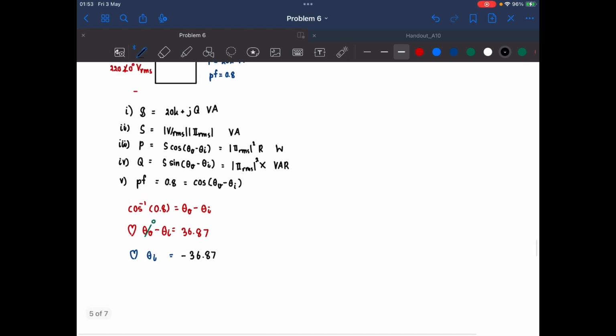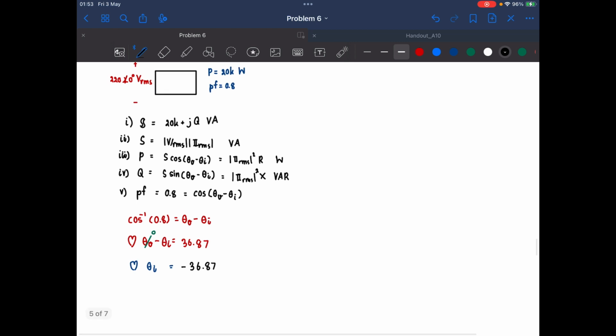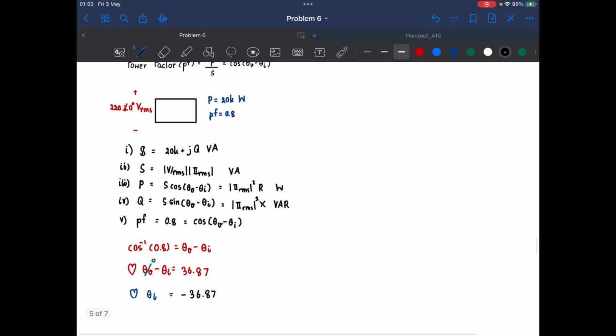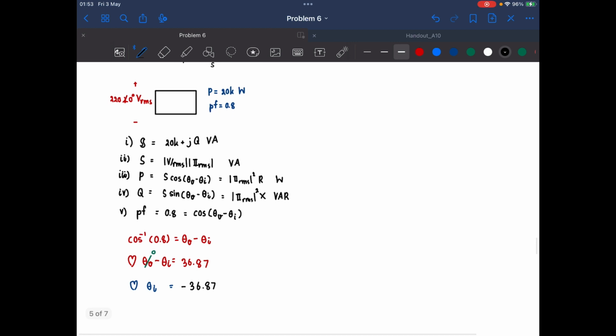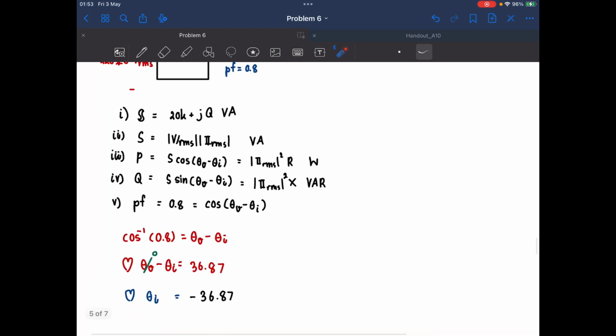Now, from what we have known right now, if we use this equation, we can get the S value. The S is the apparent power. We know P, we know the power factor.